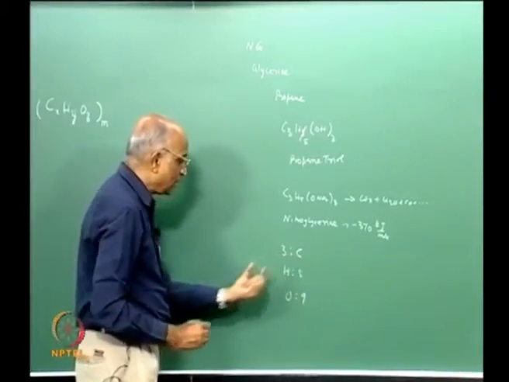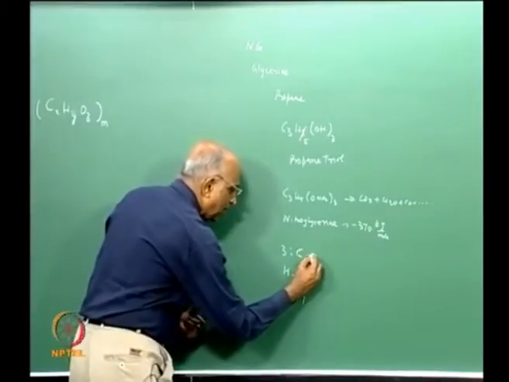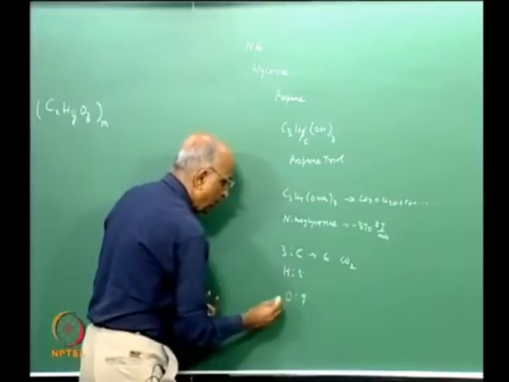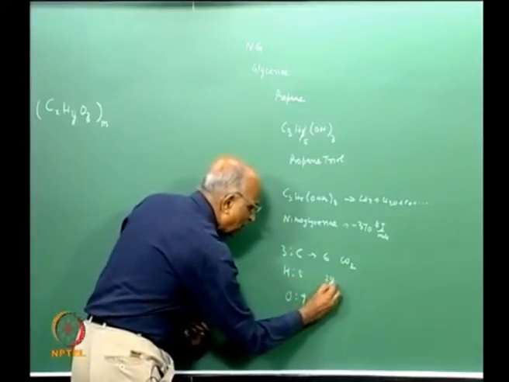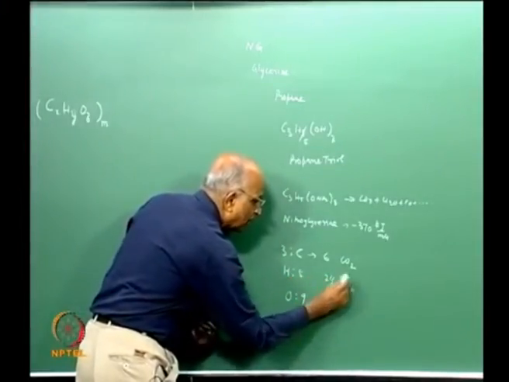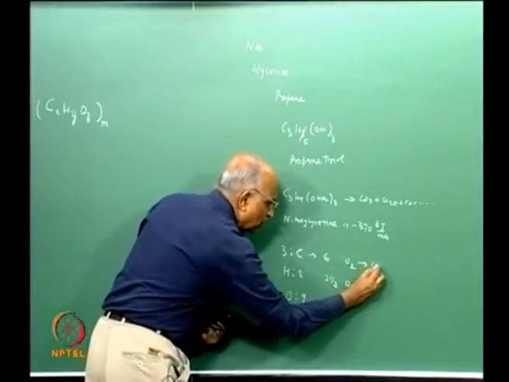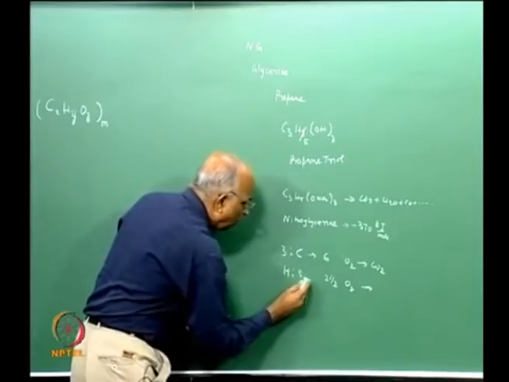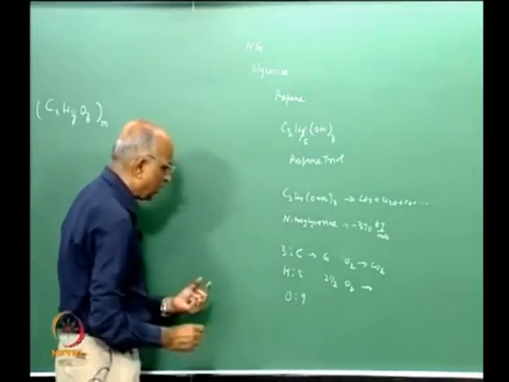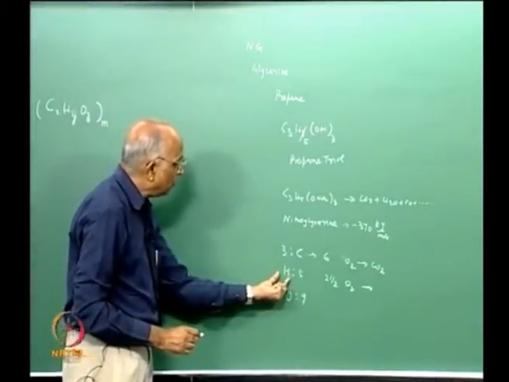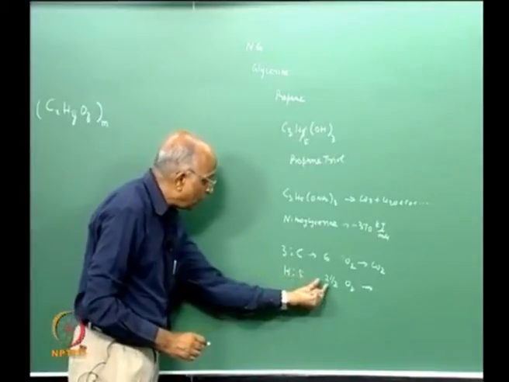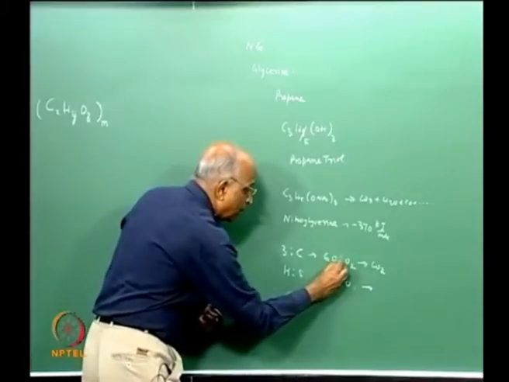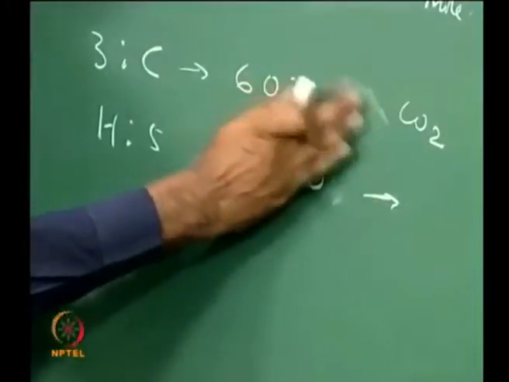Now if I want to oxidize the carbon, I need something like 6 atoms of oxygen to form CO2. I have 5 atoms of hydrogen, therefore I have 2.5 of O is all what I require.